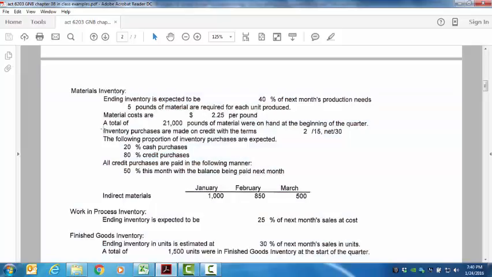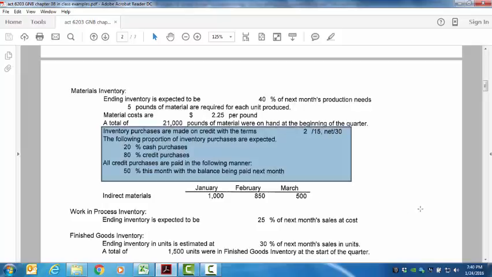It says that all purchases are made on credit, and this makes perfectly good sense. I can't just go down to a business and fill up my shopping cart and go up to the cash register and pay for all my materials per se. I may be ordering these and then they get delivered to me, and of course I get a bill, so that means it would be on credit.